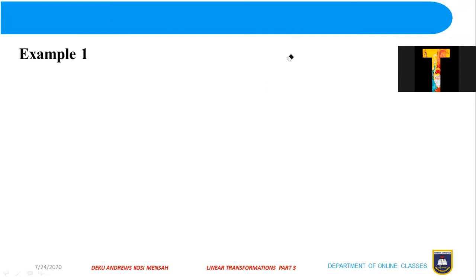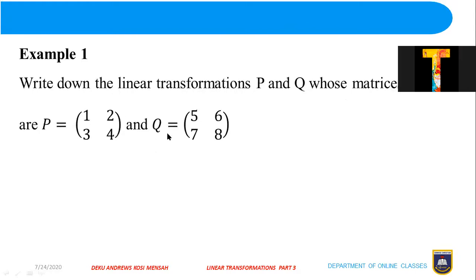The first example: write down the linear transformations P and Q whose matrices are P equal 1, 2, 3, 4 and Q equal 5, 6, 7, 8. We are writing the linear transformations for the matrix P and the matrix Q.